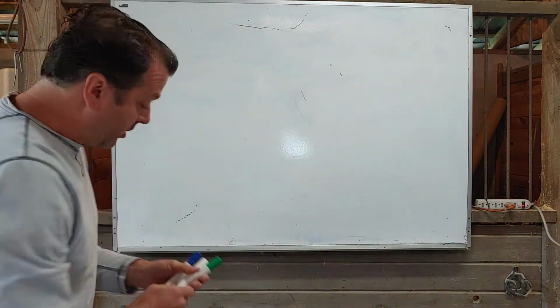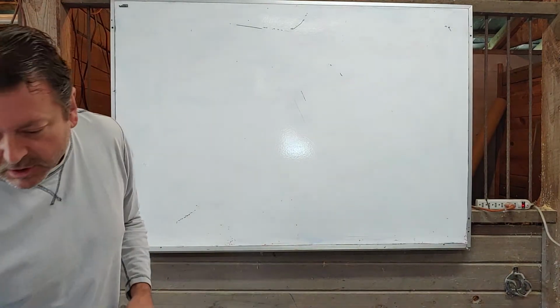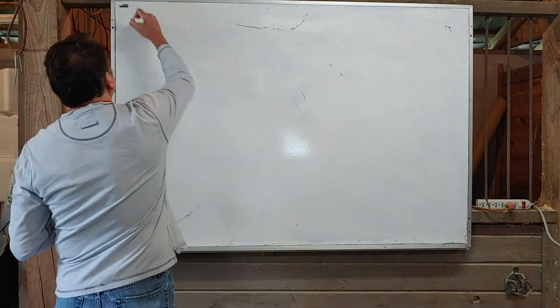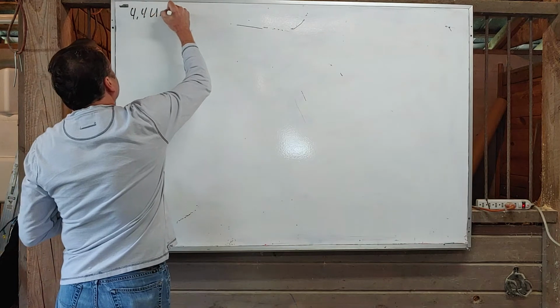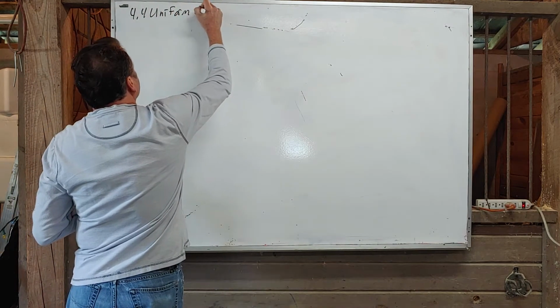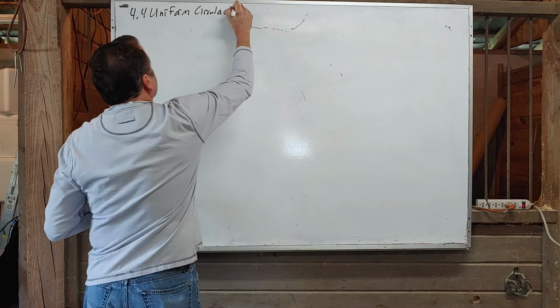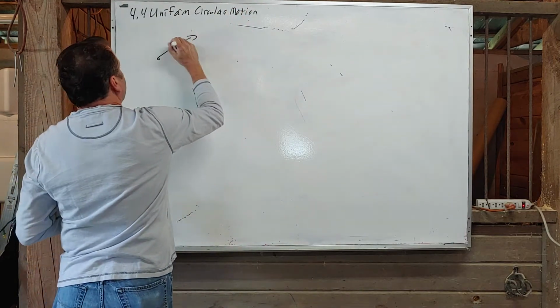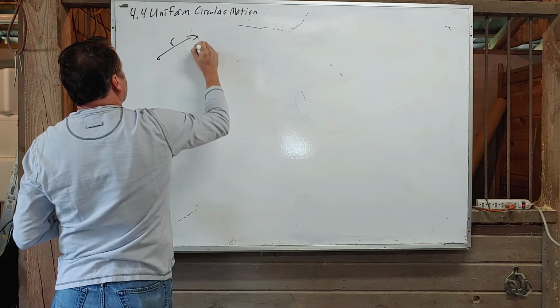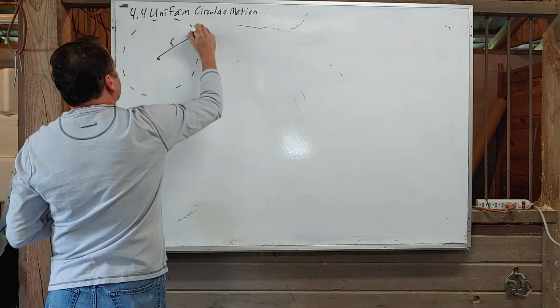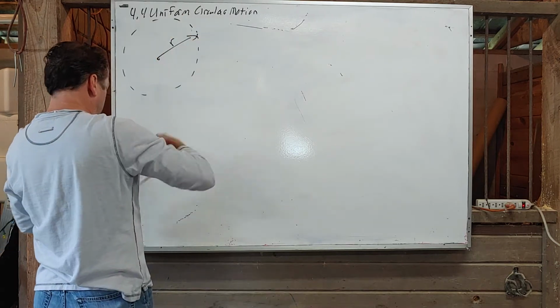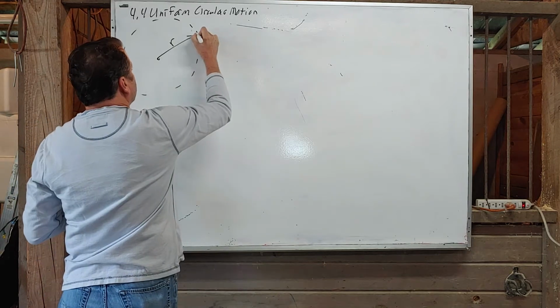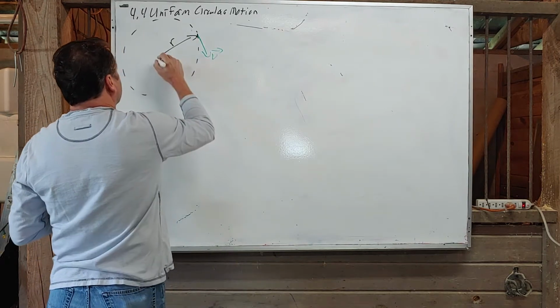So let's start out, and this is section 4.4, uniform circular motion. We have some radius r here, and out some radius r. At this point, you've got some velocity.